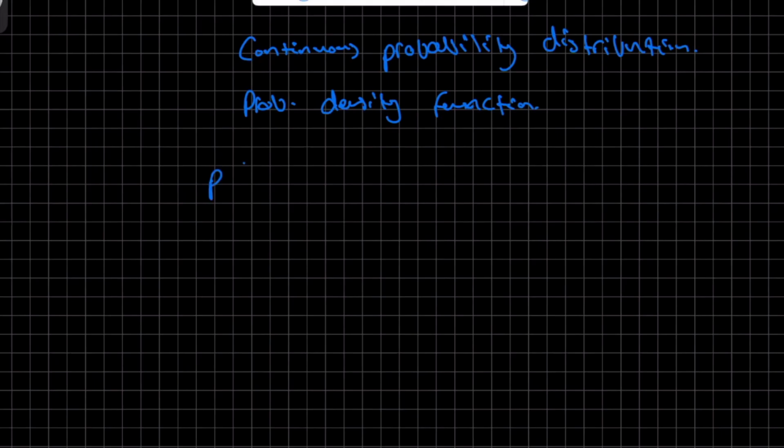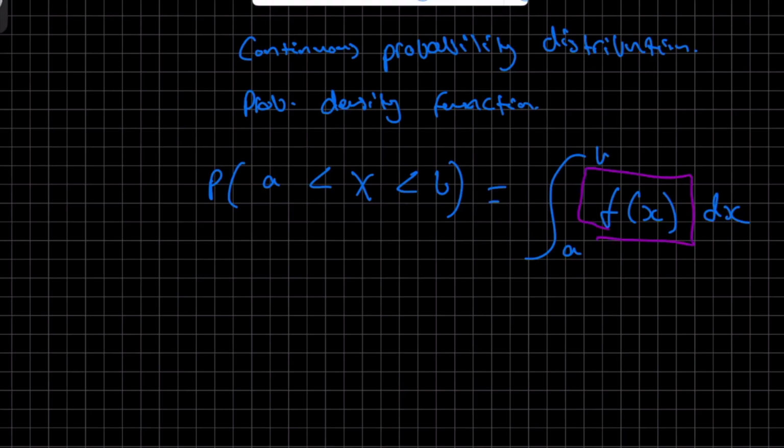So the probability that our continuous random variable x falls within the interval of a and b would be given by the area under the graph, so our integral, of a function of x. The total area under the curve of this function should always equal 1 because the probabilities of all of our different outcomes should always equal 1.